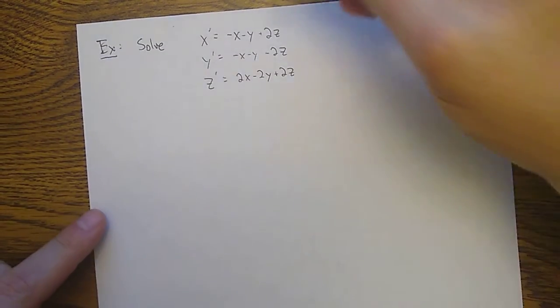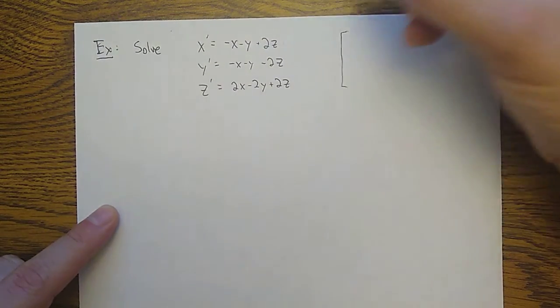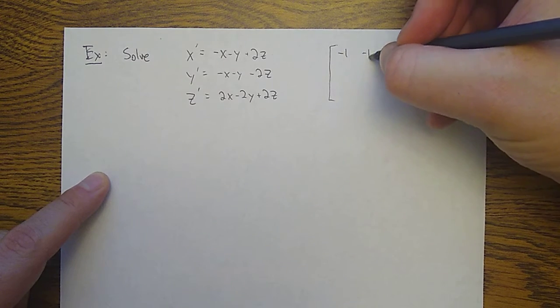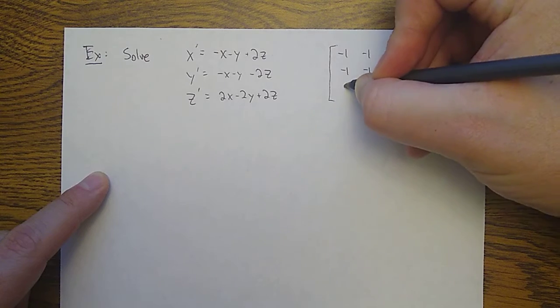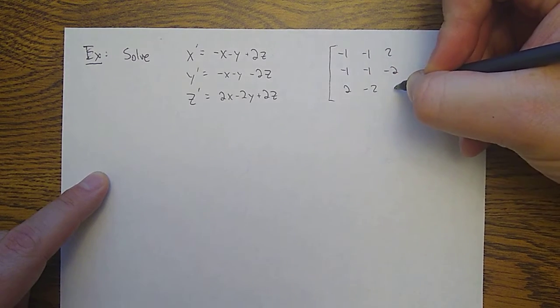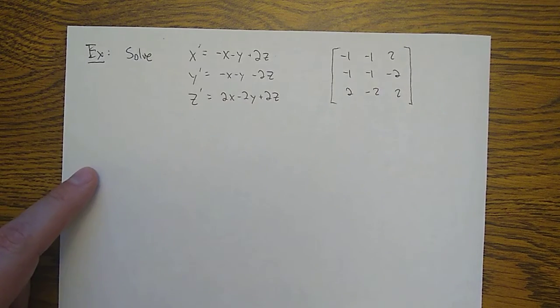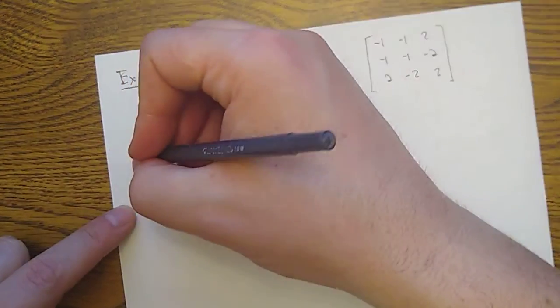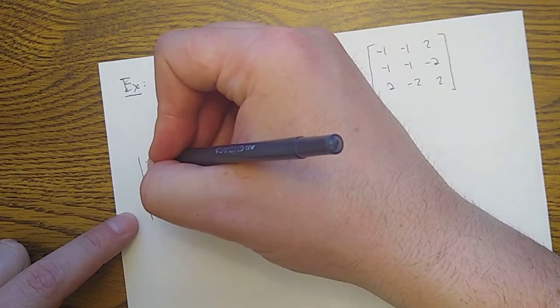Okay, so the first thing I do is I write down this matrix and I want to find the eigenvalues and the eigenvectors. Yeah, so I want to find the eigenvalues and eigenvectors of this matrix. So I have to find this determinant.